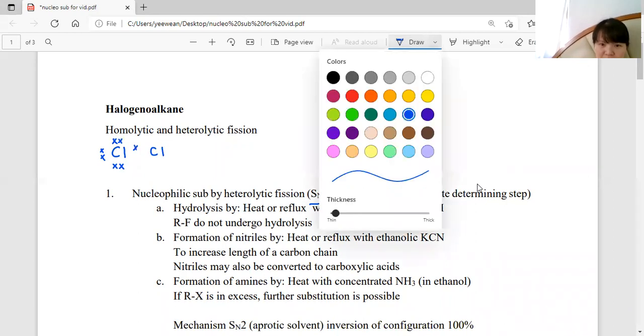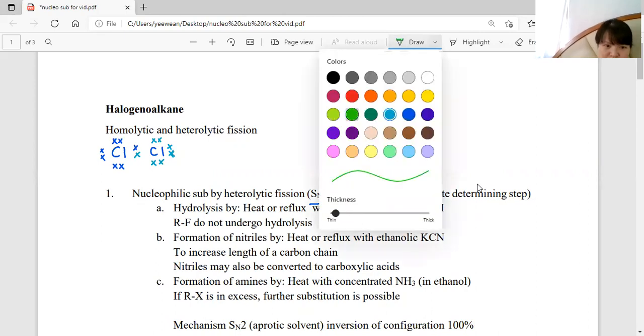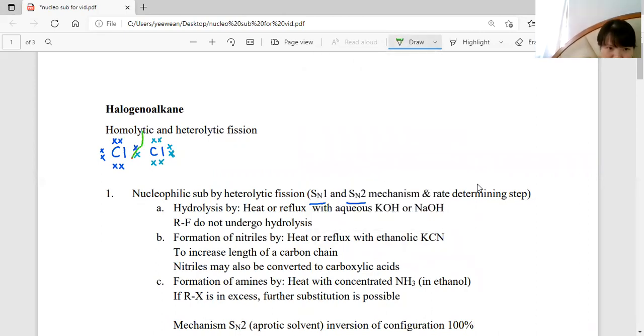It means that there's a bond breaking here, whereby the electrons are spread evenly, one to each side of the chlorine. So we'll get two identical chlorines. That is a radical. The radical here actually means that odd electron here. That is a homolytic fission. We break the bond evenly.